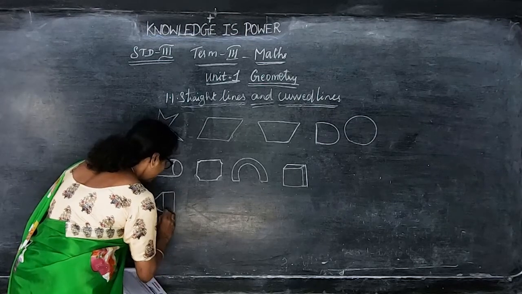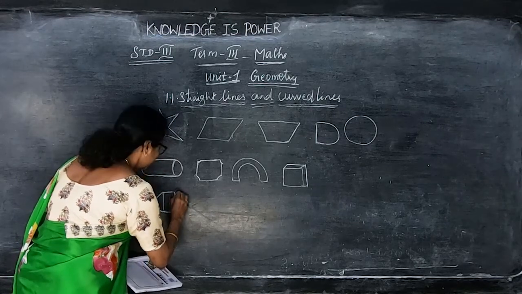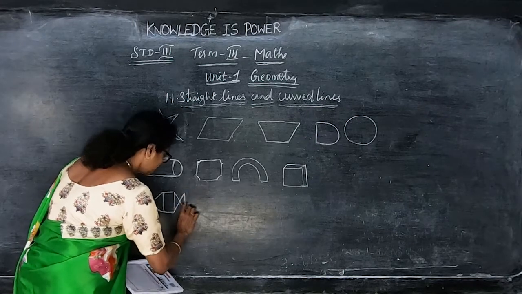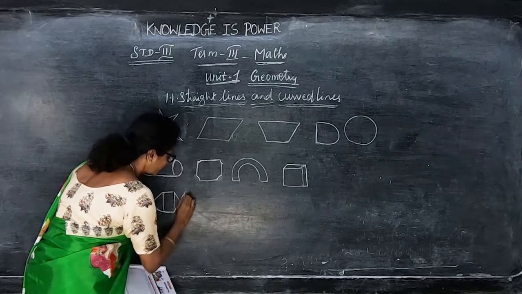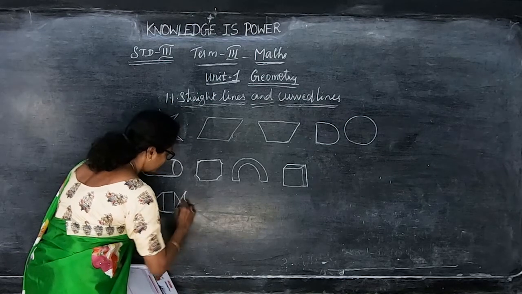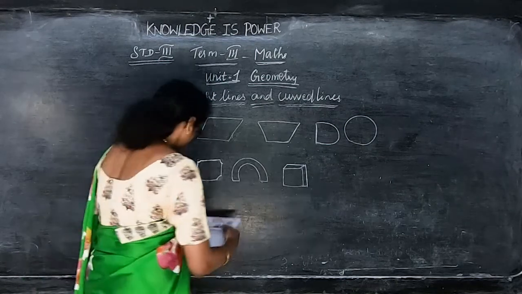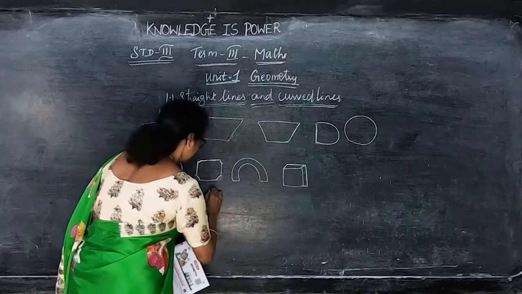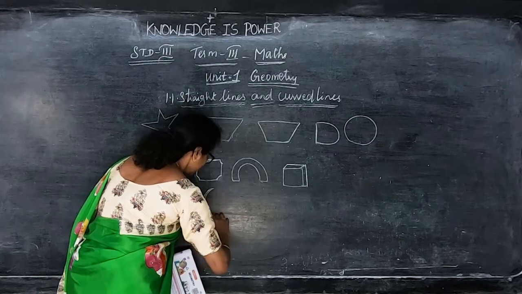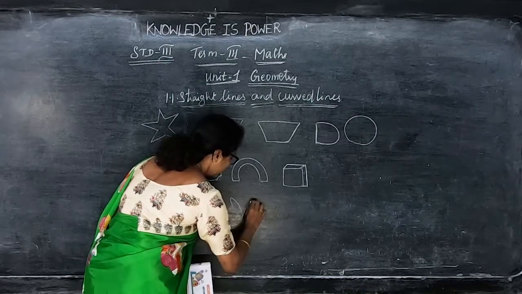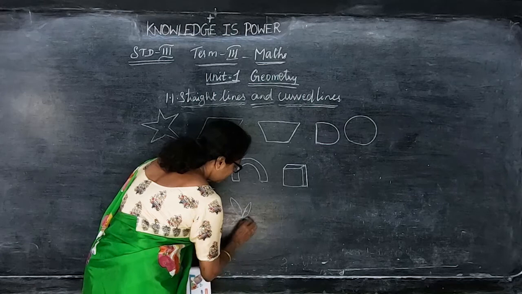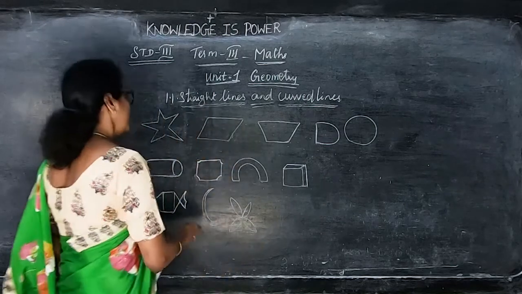So according to this you can write whether this will be the straight line or the curved line. This is the crescent moon and this will be the shape. So now we have to write which one is the curved line and which one is the straight line.